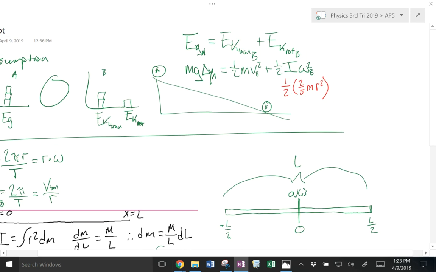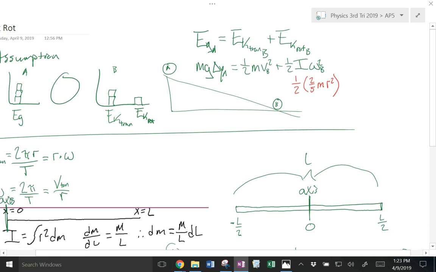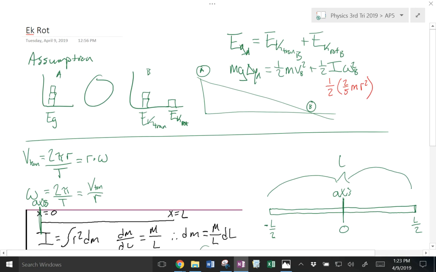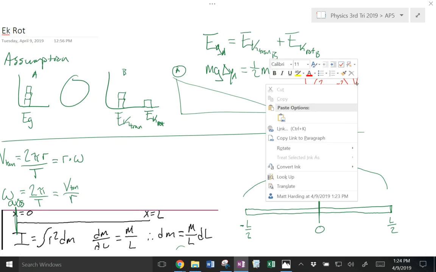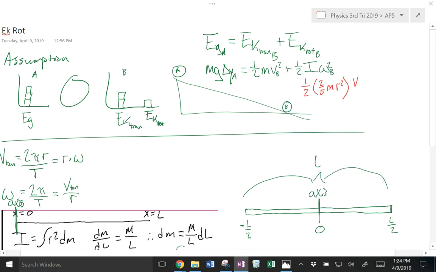And then omega, keep in mind we talked about this over here. Omega is v tan over r. So where I have omega squared, I'm going to put in v squared over r squared.